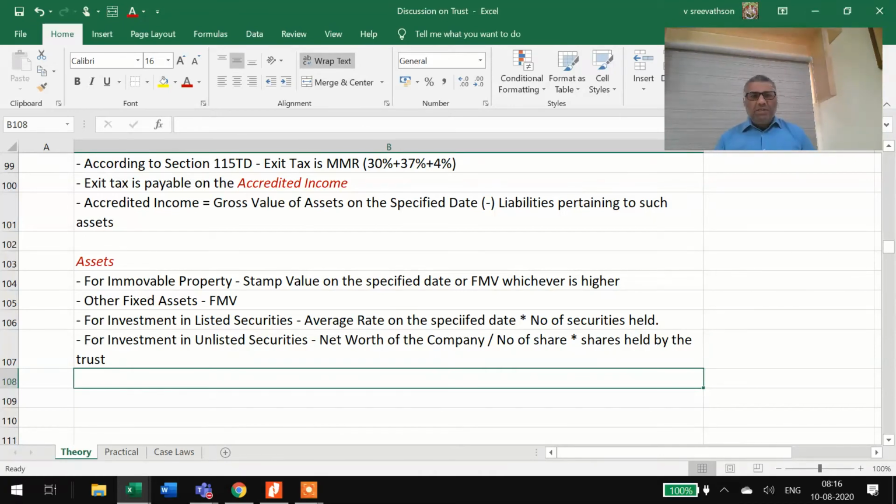For investment in unlisted securities, net worth of the company divided by total number of shares into shares held by the trust.